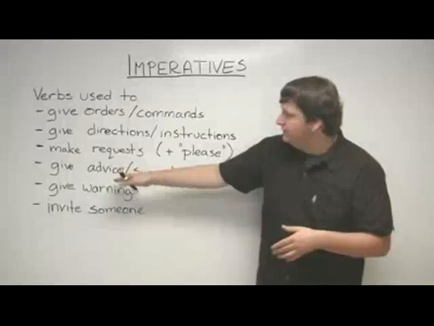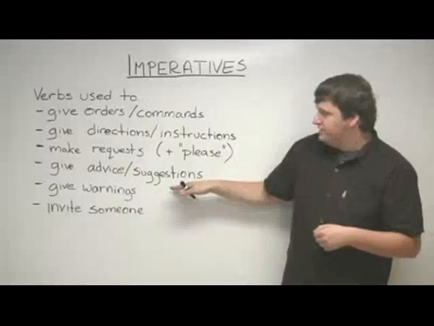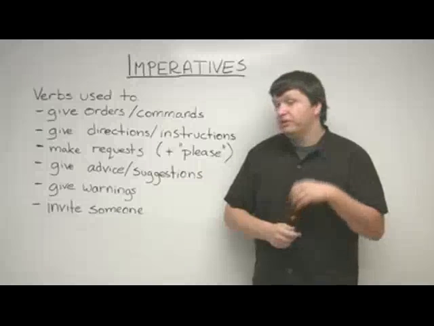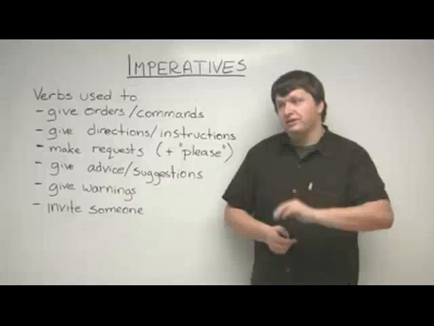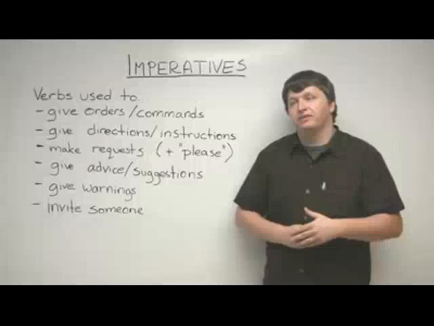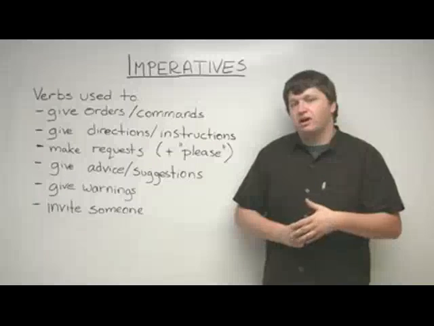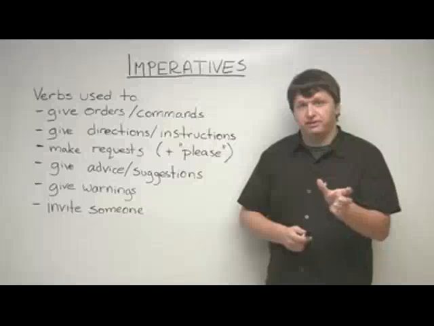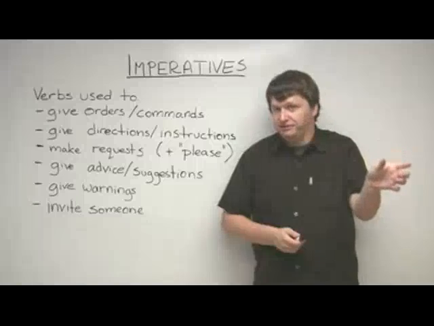Okay, you can use it to give advice or suggestions. Okay, so for example, I'm going to use a negative in this case. So if I say, don't cross the street. Okay, so cross is the base form of the verb again. I'm putting do not in front of it.